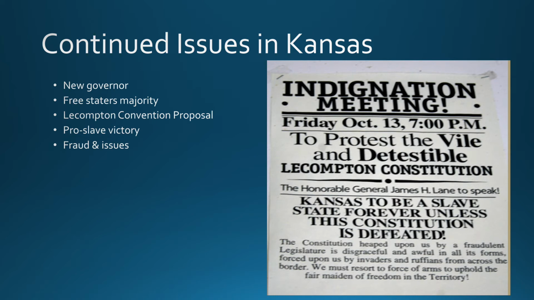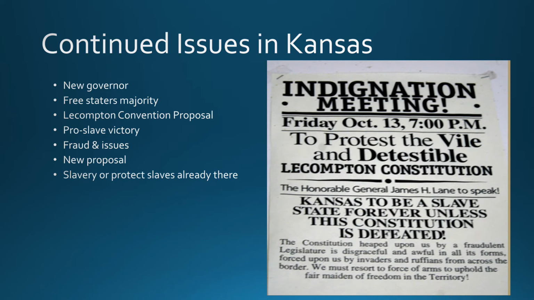Crazy. So this will go on hiatus a little bit, and then they'll draw up another proposal. This proposal for statehood had two options: either for the state to accept slavery, or for the state to not have slavery, but any slave that was already there was protected.